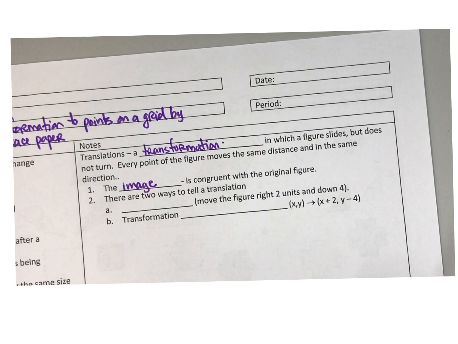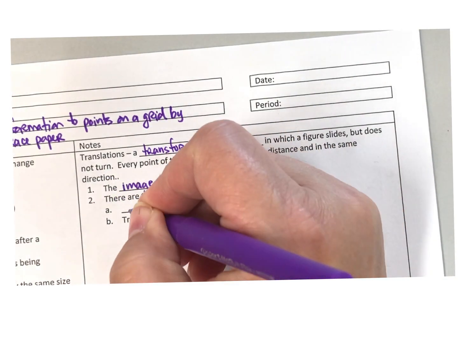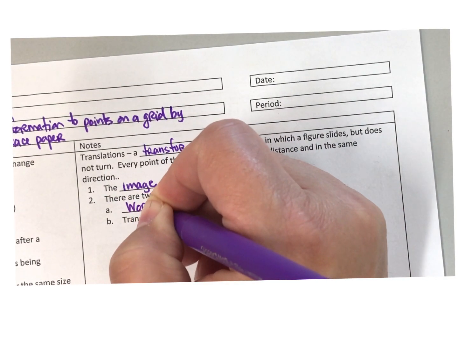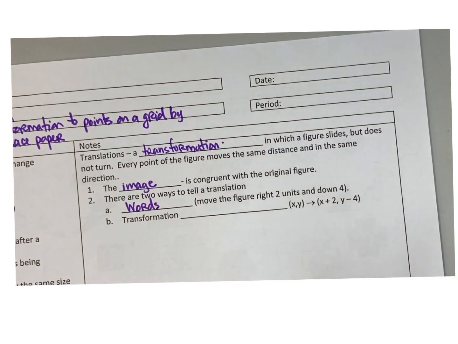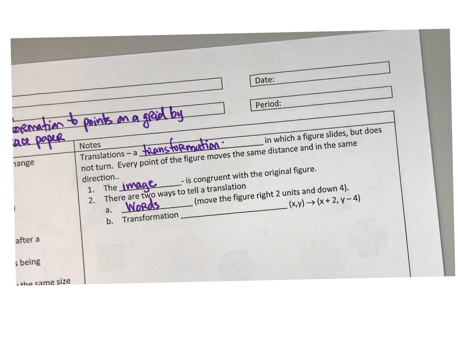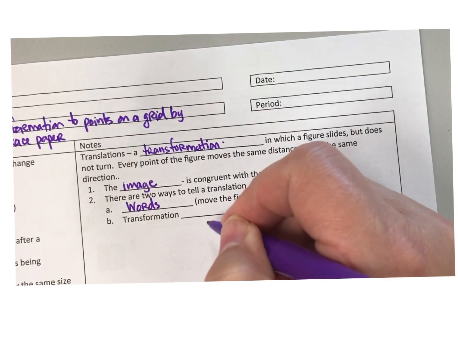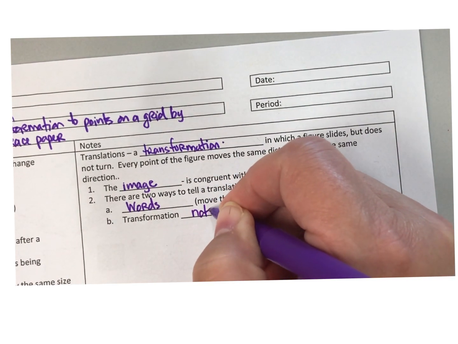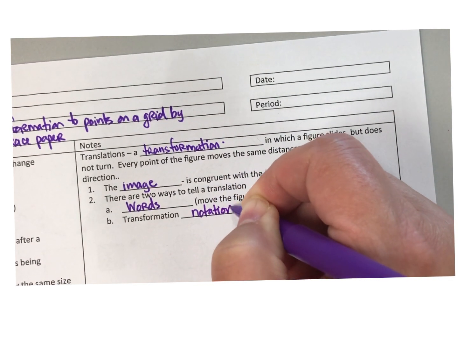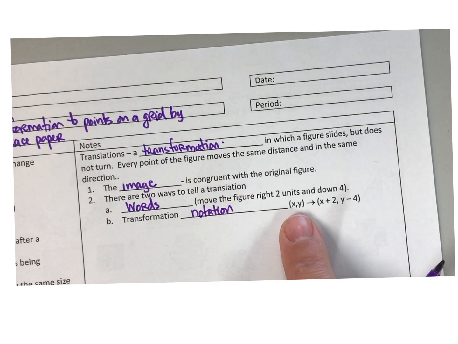There are two ways to tell a translation. One way is with words, which means to move the figure 2 units right and then down 4 units. There's also transformation notation, which is this x comma y.